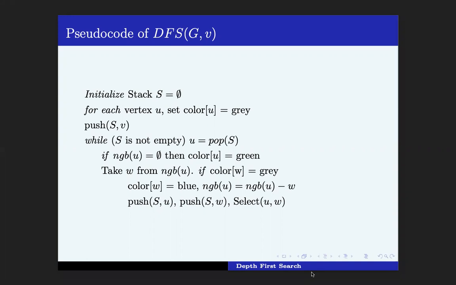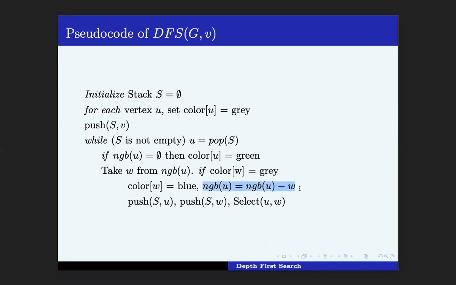There are some issues with the pseudocode here. If the color is gray, you do this thing, and if the color is not gray, what you should do is remove this neighbor.